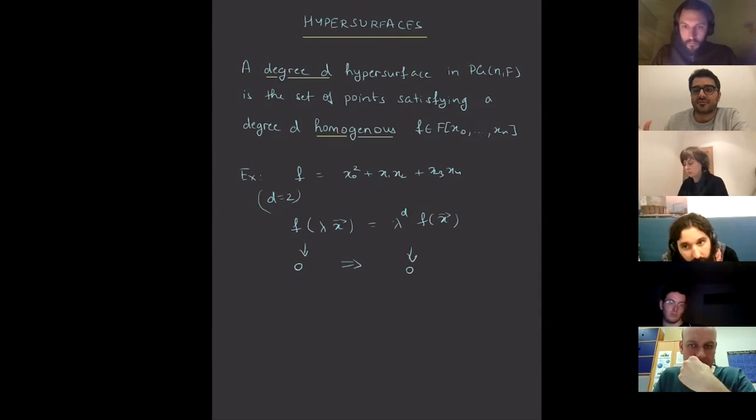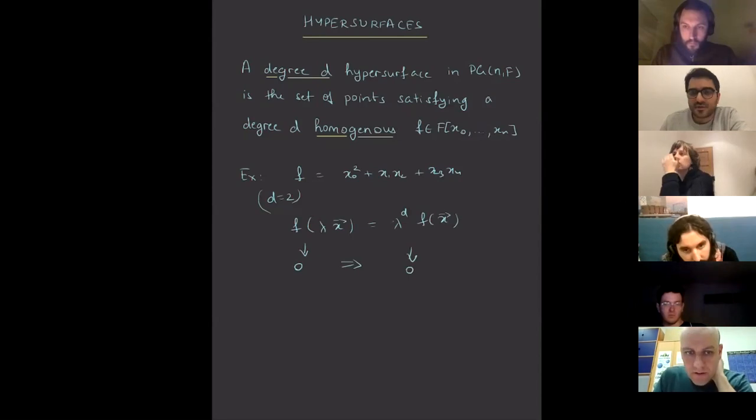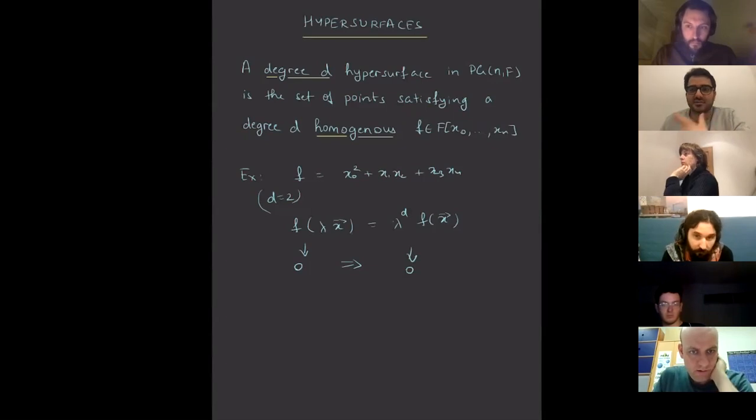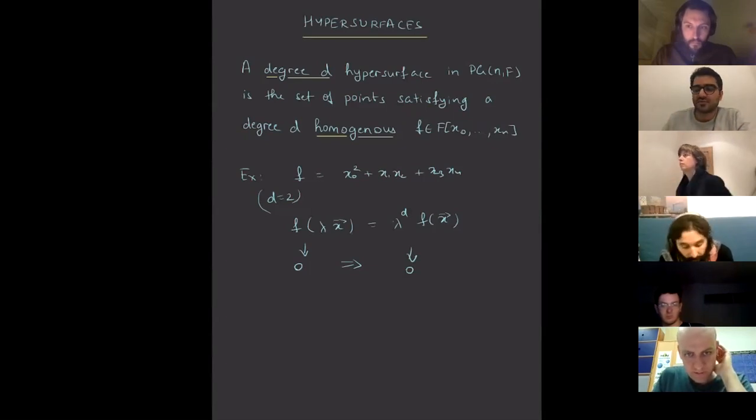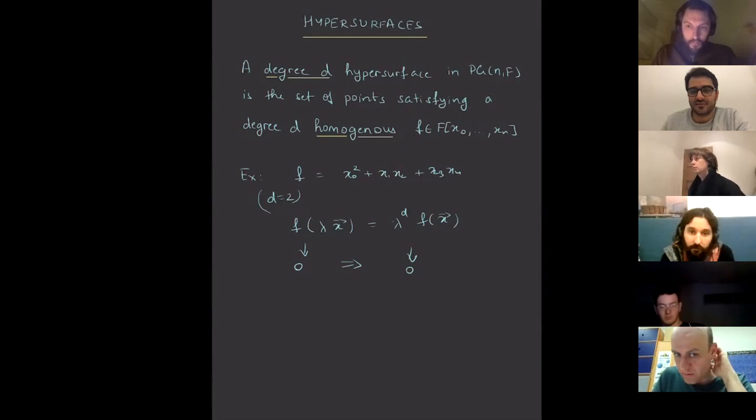So if you have a vector satisfying this equation, then any scalar multiple of that vector also satisfies the equation. So this unambiguously assigns a point of the projective space, so a one-dimensional space, to the zero set of your polynomial f. Right? Is that clear?